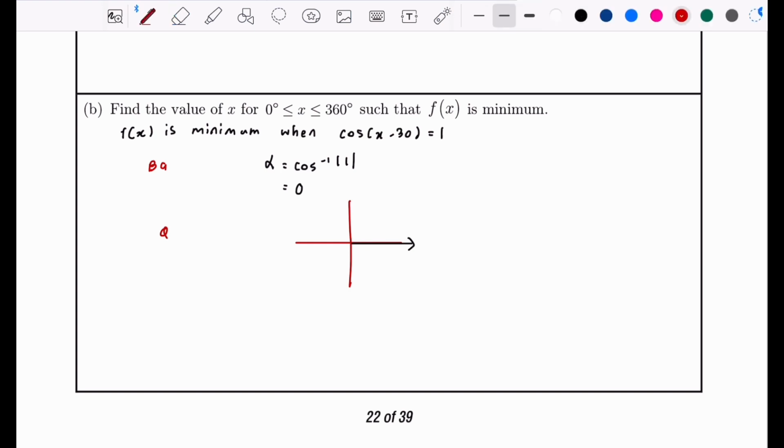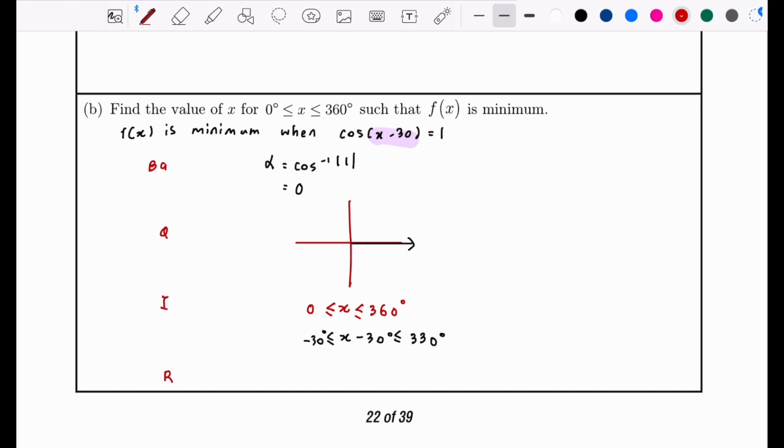Next, find the interval. Given interval is x in between 0 and 360. But since our angle is x minus 30, we have to subtract 30 from both sides. So x minus 30 is in between negative 30 to 330.